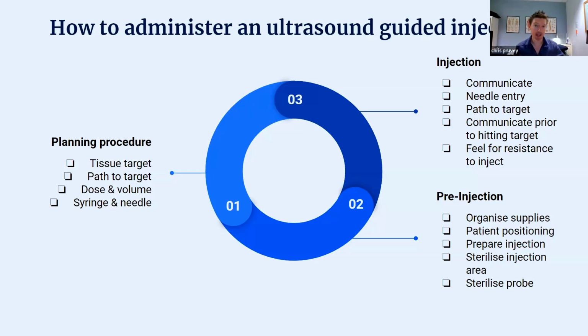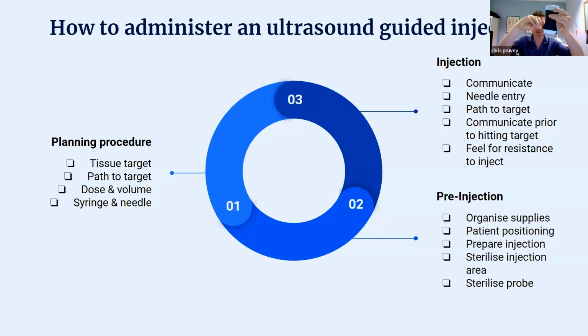And in terms of the actual injection itself, basically what I'm trying to do is, say if my target is on my shoulder here, what I need to do is get this probe and the angle of entry correct. So what I don't want to do is start off going down like that, because I won't see the needle.